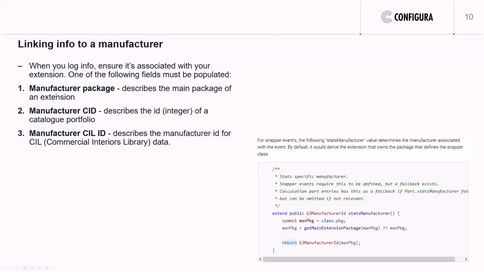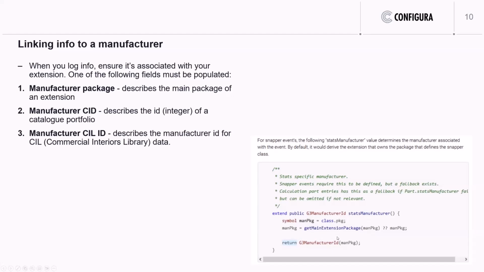With manufacturer and package, number 1 here, this would be your main package of an extension, not any of your sub-extension packages or abstract packages within your extension. This is your main one because this is how it identifies the manufacturer that you are linking with. It does have a default callback.